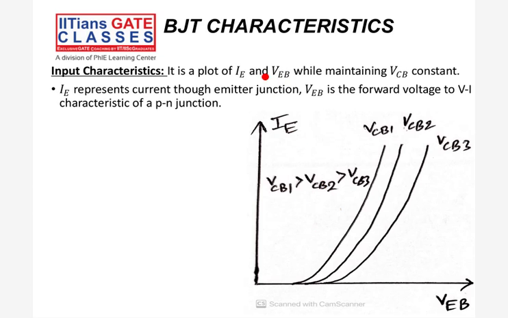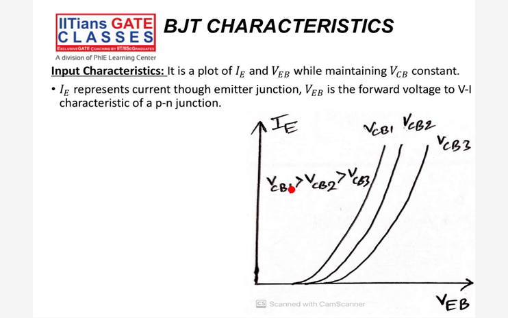So input characteristic will be like a diode characteristic. That one diode is a forward bias diode. The voltage VEB is the voltage across the diode, and the current through that diode is IE. I have shown you three diagrams: this is 1, this is 2, this is 3.